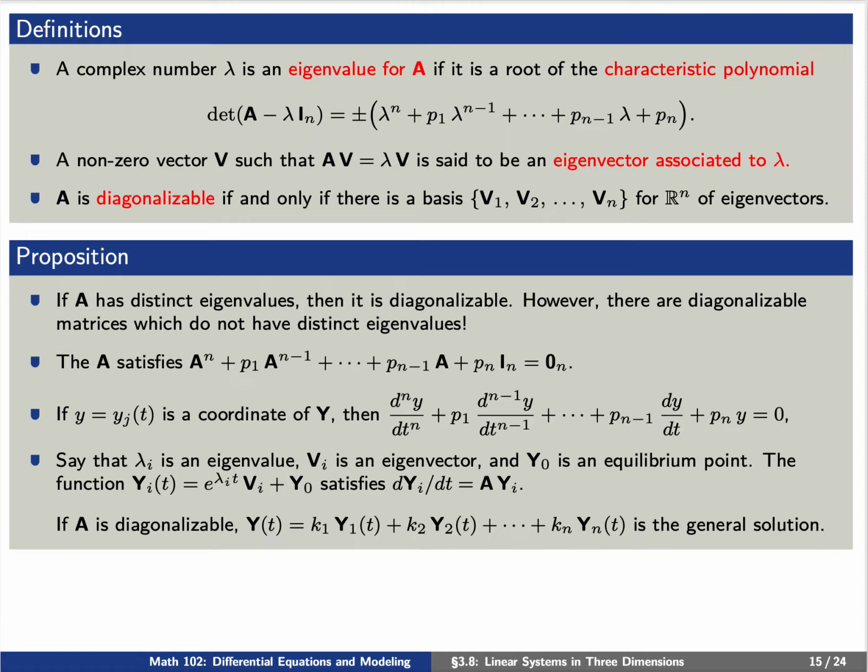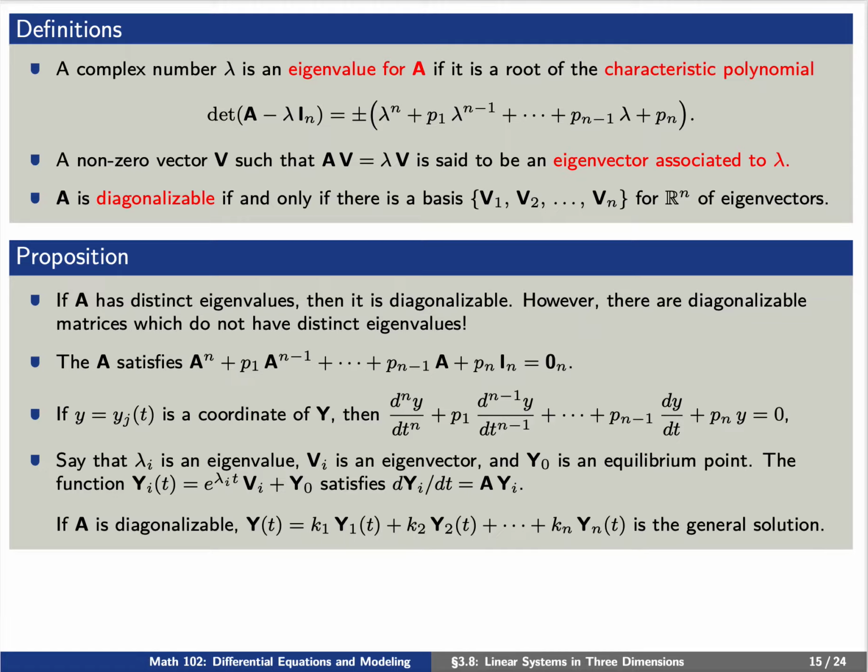Here, the scalars p1, p2 through p sub n are exactly the coefficients that you find from the characteristic polynomial. Next, if y is one of the coordinates of our vector Y, then y satisfies an nth order differential equation. Here, again, the coefficients p1, p2 through p sub n are exactly the same coefficients coming from the characteristic polynomial.